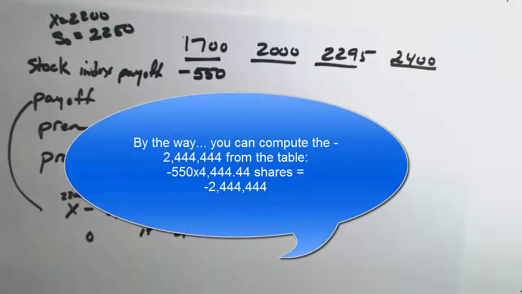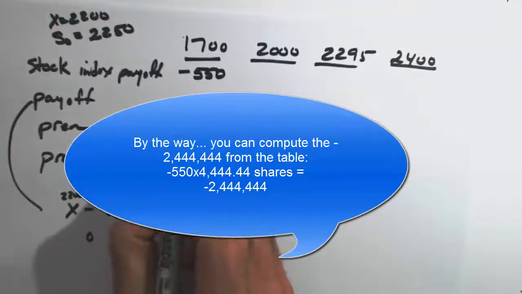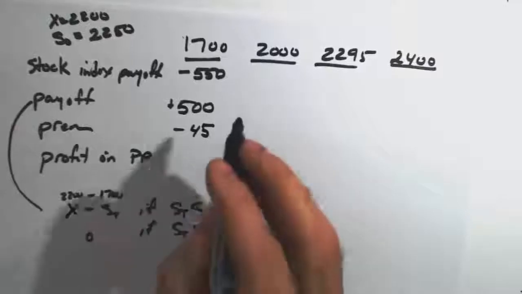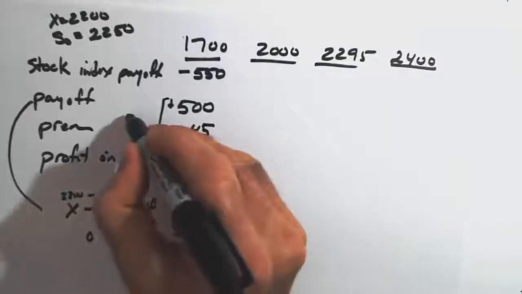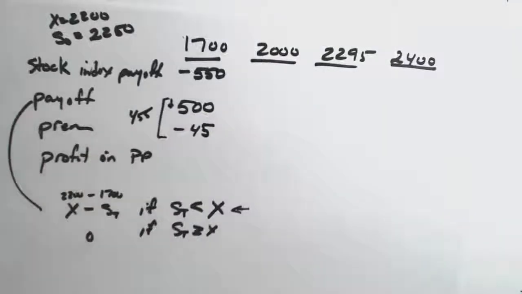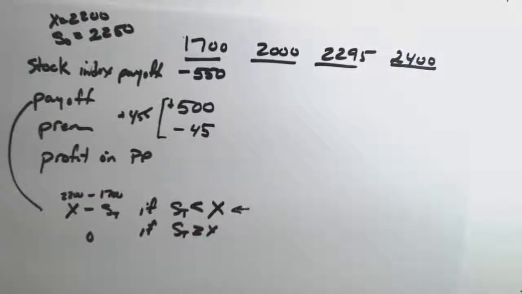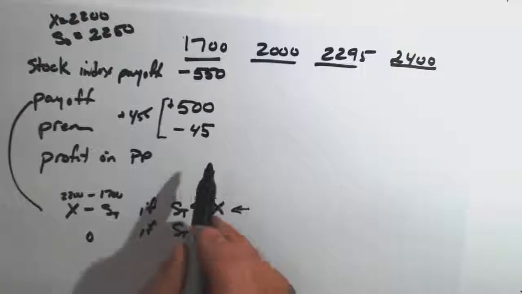Now, the premium that we pay for this is $45 as given in the problem. And so this nets out to be $455, by the way. That's what the profit on the option overall is, as an aside.